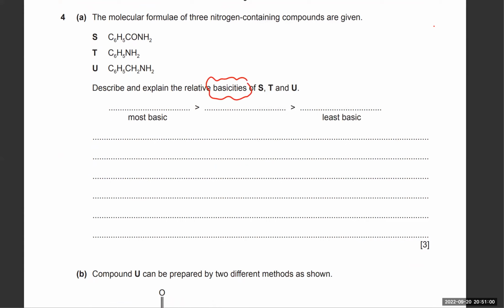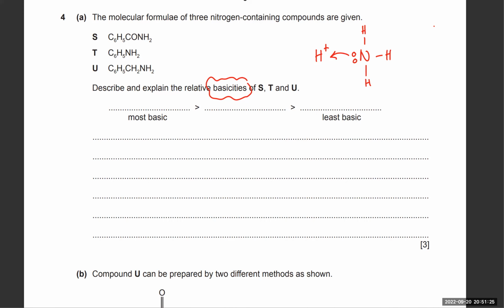Now all these compounds that have N in them, like NH3, why are they basic? They're basic because the N has a lone pair. It's got negative charge on it, and the H+ gets very strongly attracted to it. It gets attracted to those lone pairs, which is why this N can accept H+ ions. So any compound that's got N in it is going to be able to accept H+ ions.